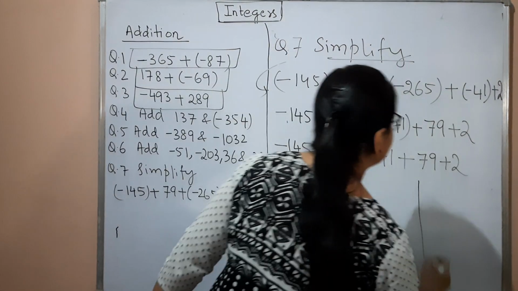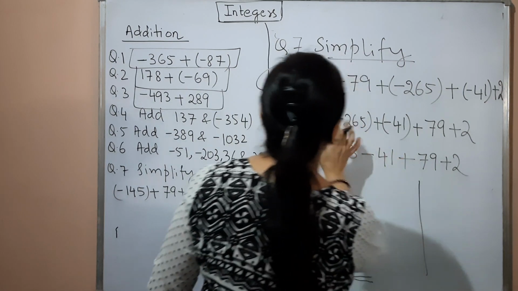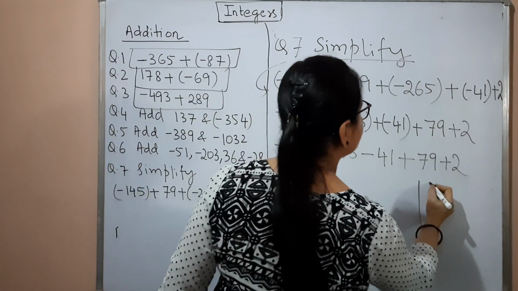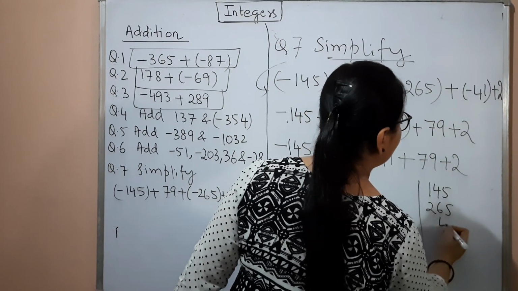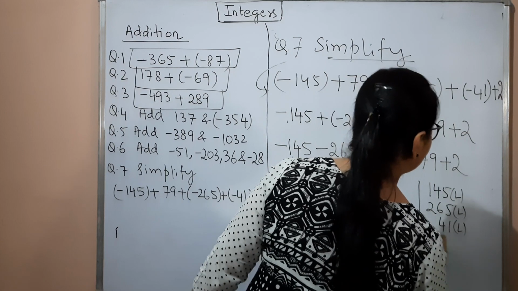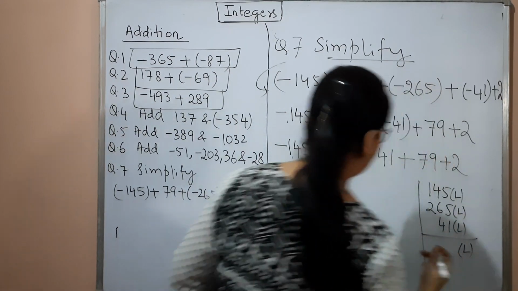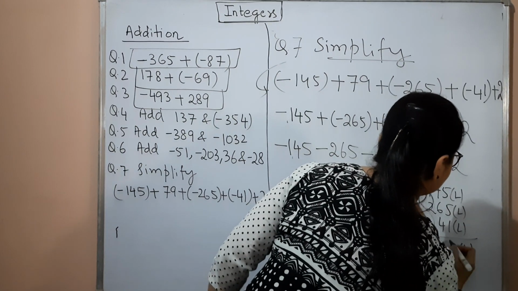Now, इसको आप ignore कर सकते हो. Now we know these are all losses. So let us find out what is the total loss. 265 and 41, they are all losses. So overall, it's going to be a loss, and the total is 451.